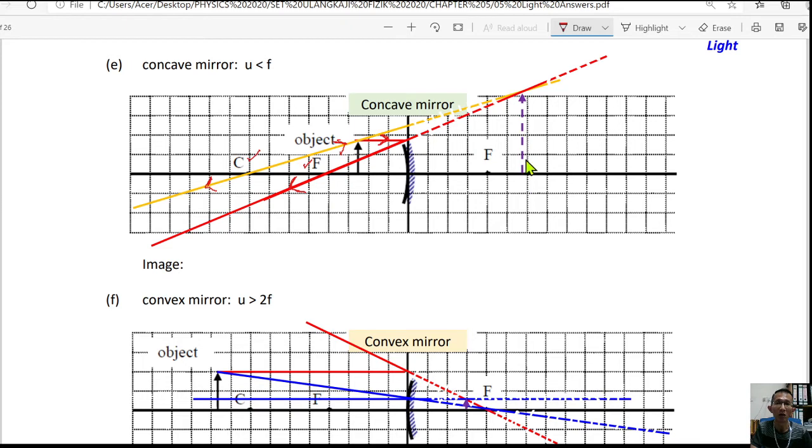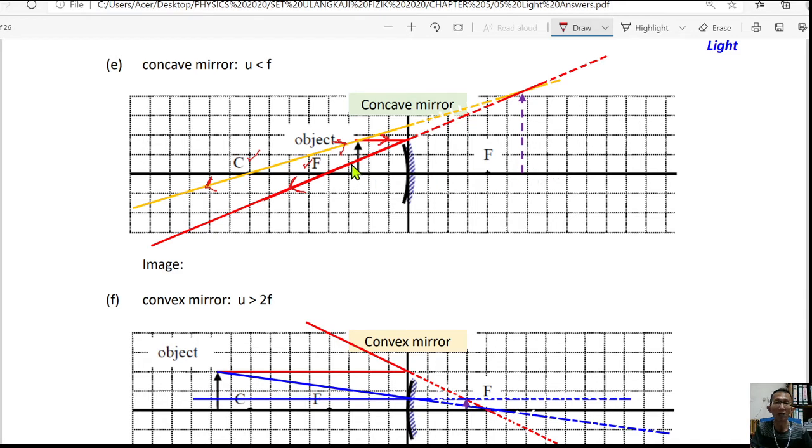I draw a dashed line here because this image is in the mirror. It's not on the screen, it's in the mirror. So what can you say about this image? First, upright, correct? Second, magnified. Now, virtual or real?